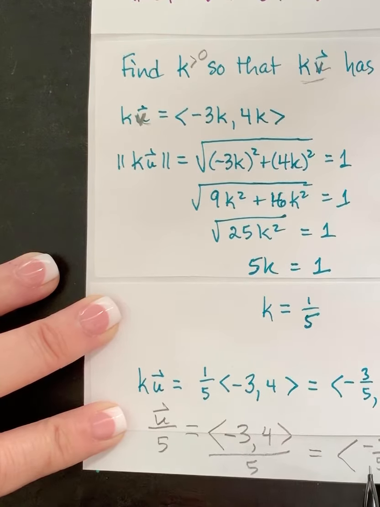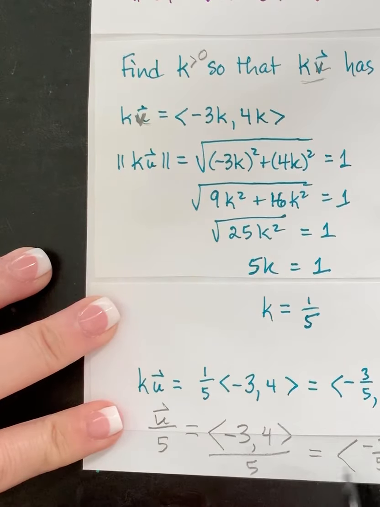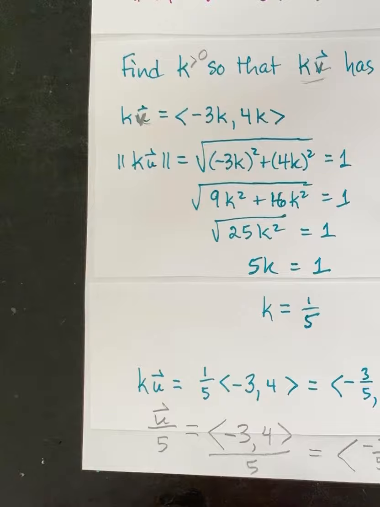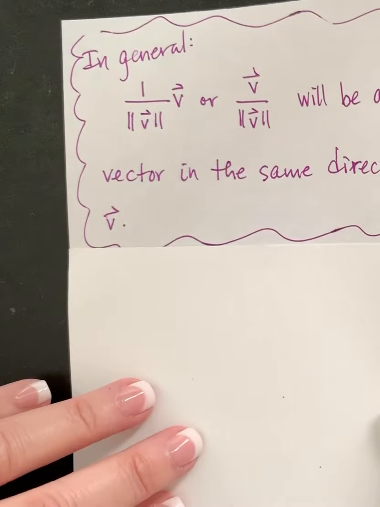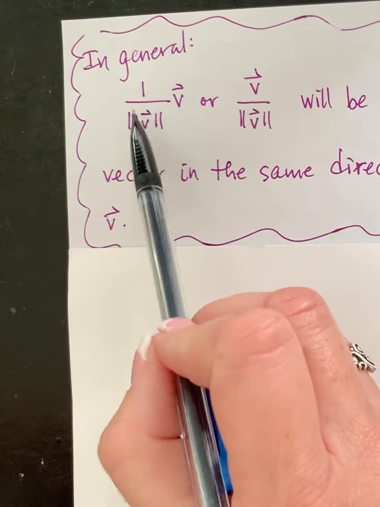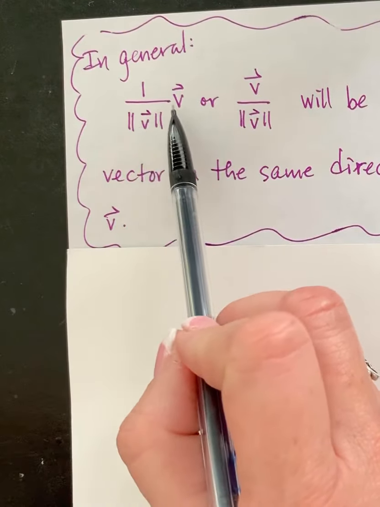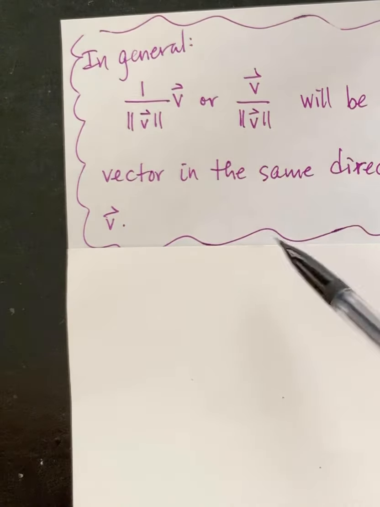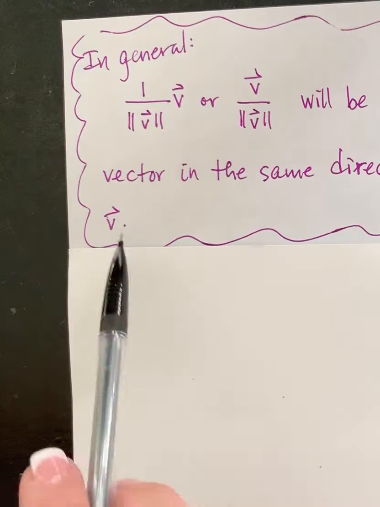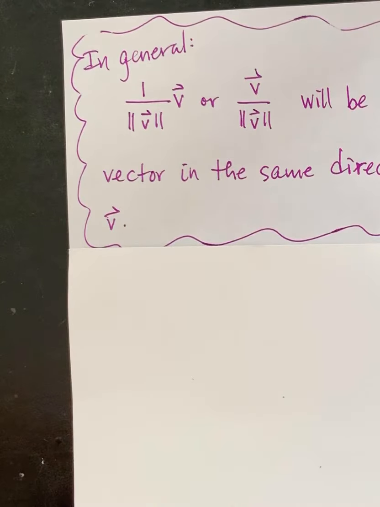So you are dividing by the magnitude of the vector. That will turn it into a unit vector with the same direction. So in general, one over the magnitude of the vector multiplied by the vector, or the vector divided by its magnitude, will be a unit vector in the same direction as the vector.